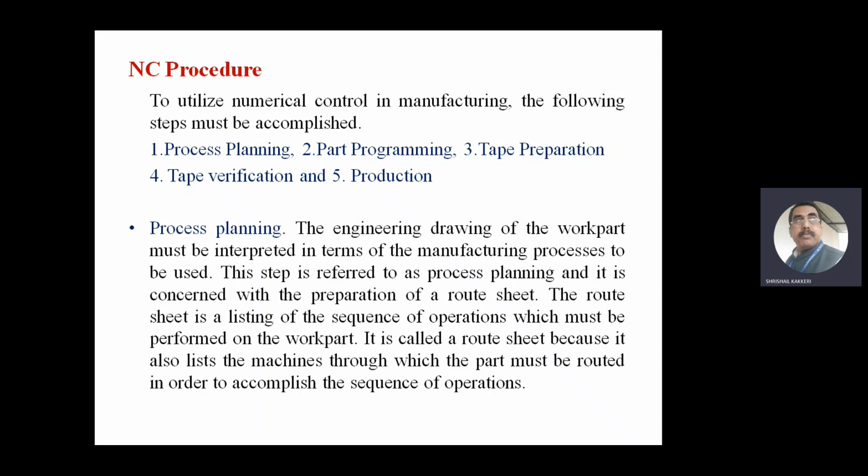Accuracy. Accuracy required is very high. Correct, no? And normal work which we can do for 100 rupees will be costing you 200 or 300 rupees in a CNC machine. Because the cost of the machine is high, the accuracy which you get will be very high, correct, no? And another one, the repetitiveness will be very good.